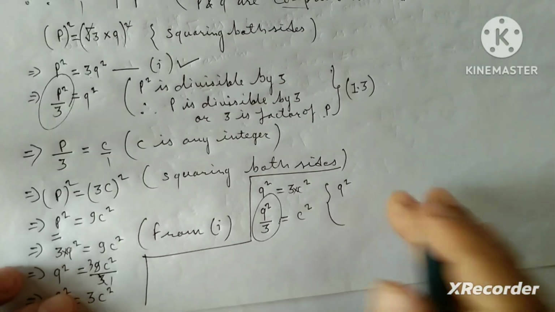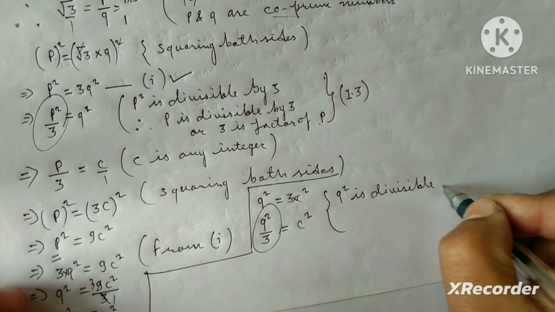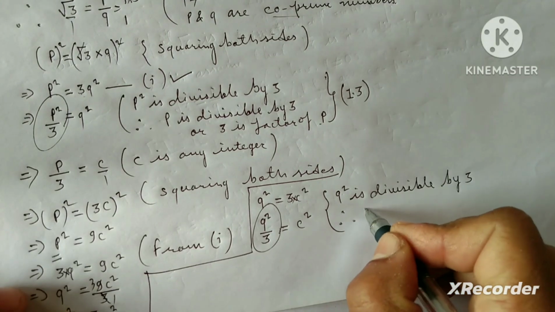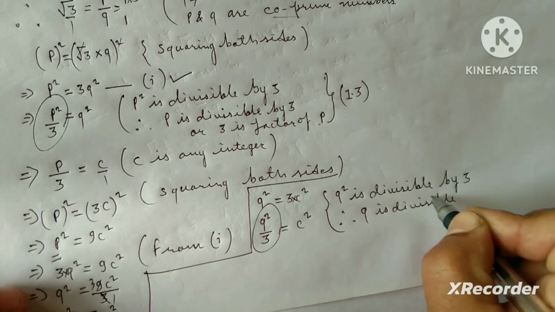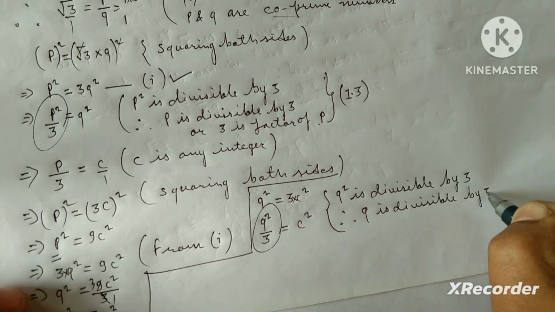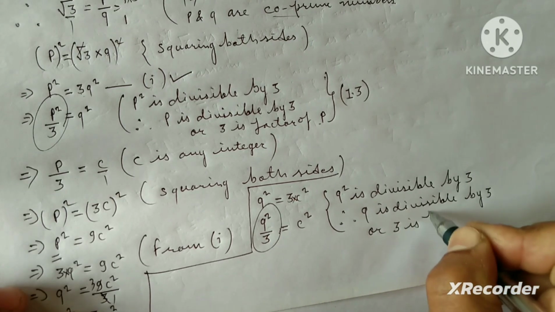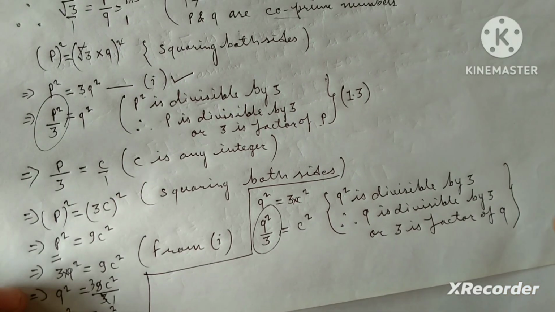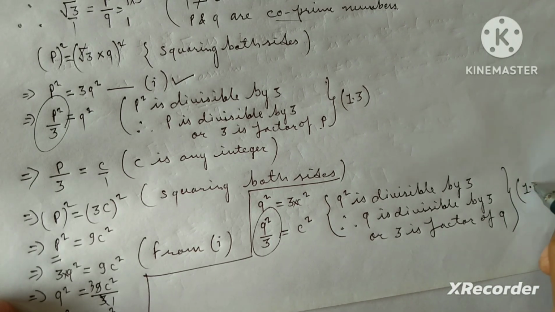Now from this we can write q square is divisible by 3. So q is divisible by 3, or simply 3 is a factor of q, and this is also according to theorem 1.3.